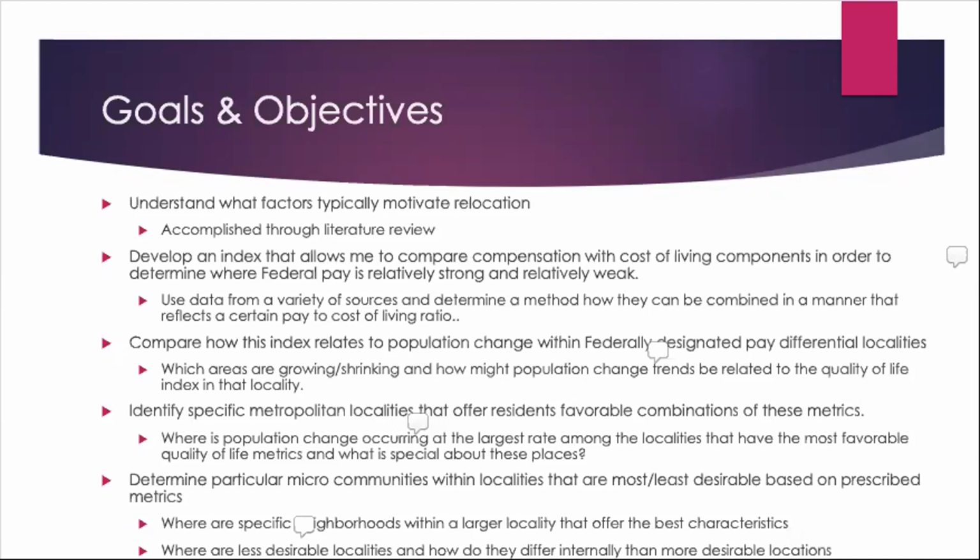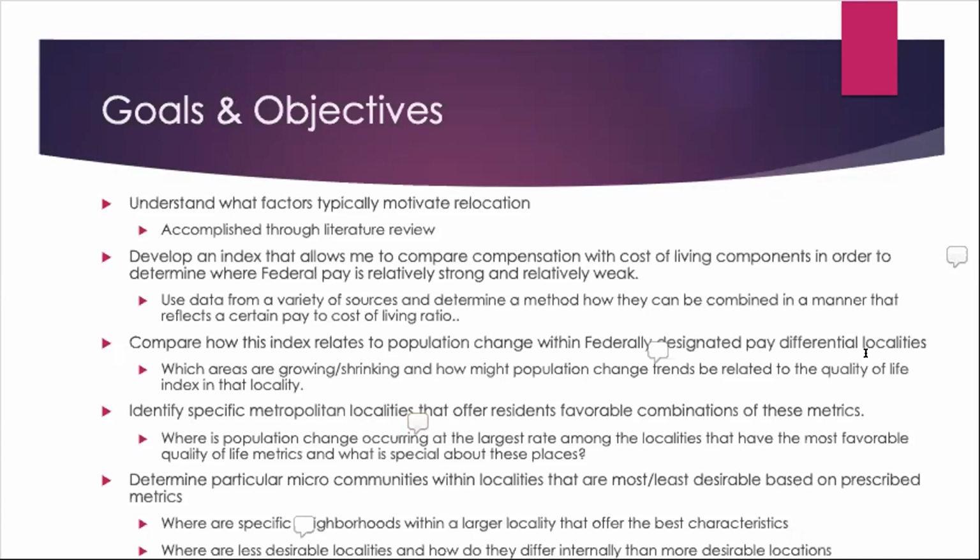So which areas are going to be growing the highest in this time span, and how are the areas that are experiencing high or low population change, how does that compare with what they're being offered in terms of compensation to work there? And excuse me, I realize I still have these comment bubbles on there, but I hope that's not too distracting.